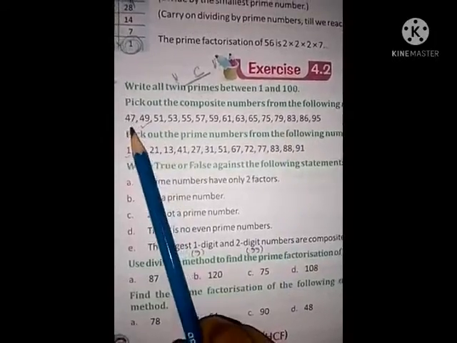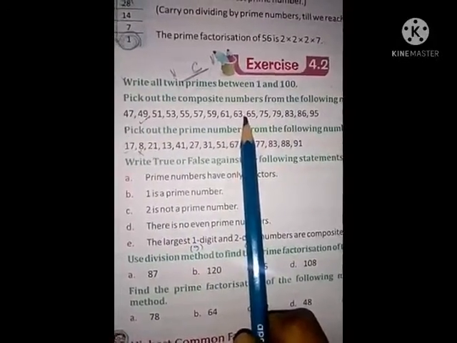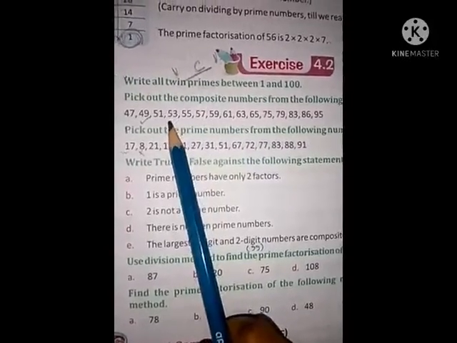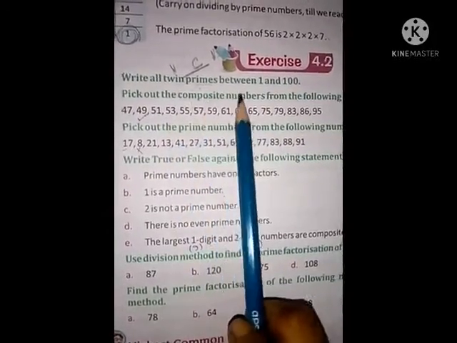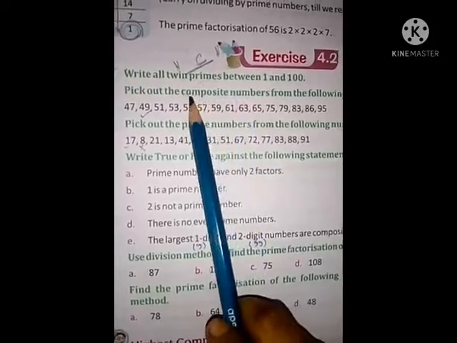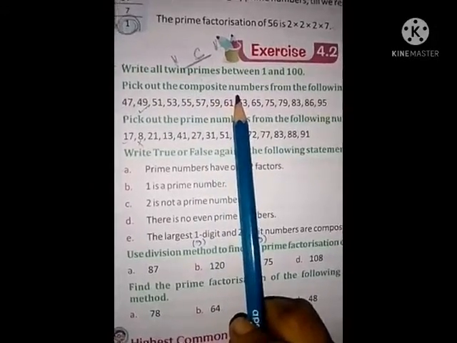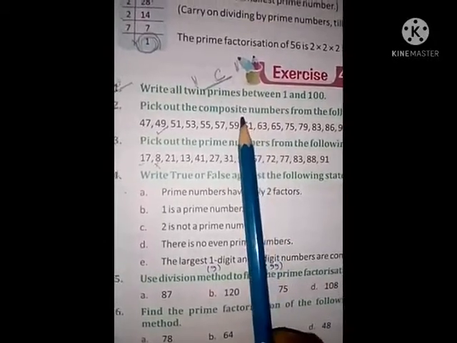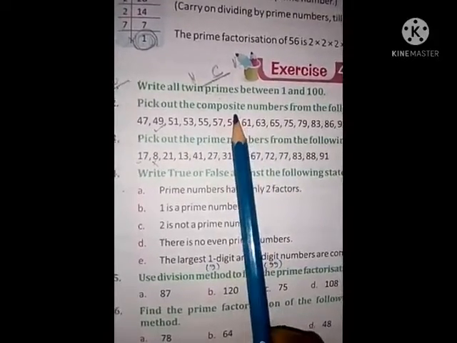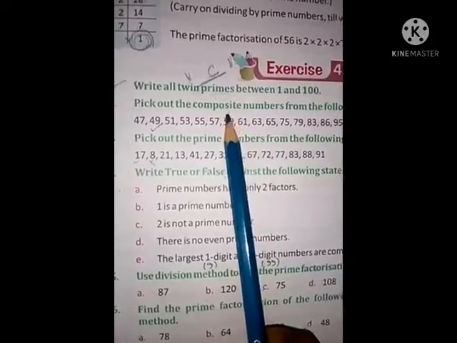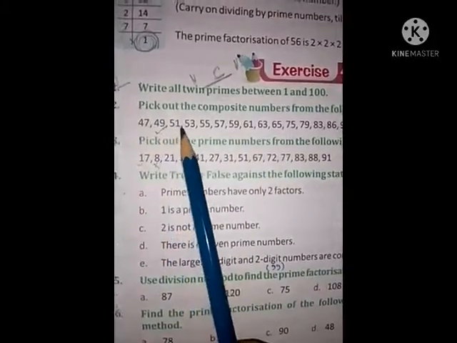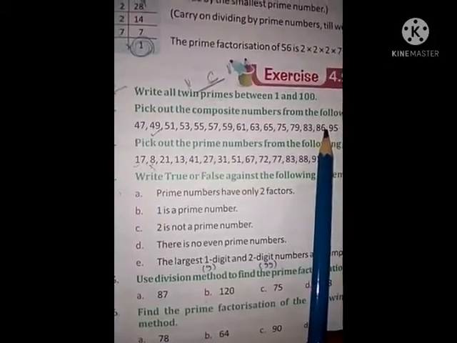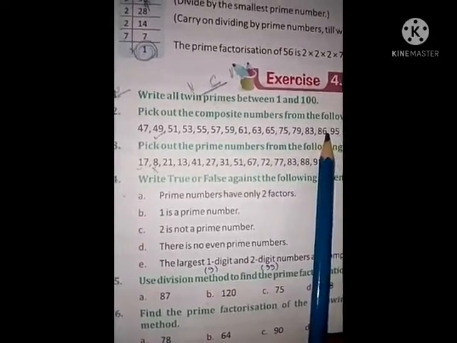And if these numbers have more than two factors, then they are known as composite numbers. Because the definition of a composite number is a number which has more than two factors. So first of all, we have to find the factors of all the numbers. After that, we can say whether they are composite numbers or not.